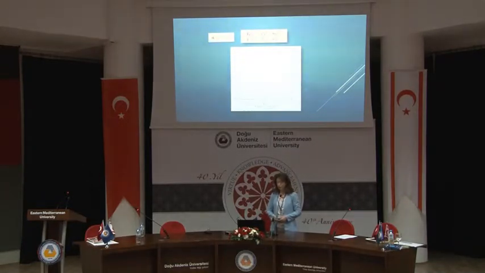Now, in that picture, I show you shape invariant potentials. The superpotential is given by a parameter times x cubed, and you can generate the partner potentials and see the graphs.